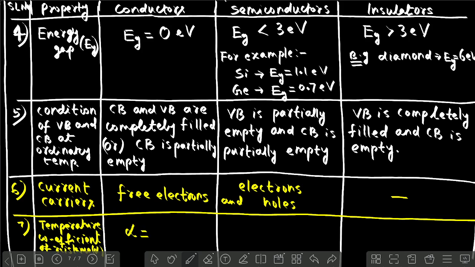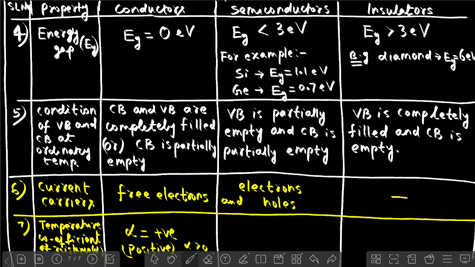Alpha. Now for a conductor, it is basically positive. Its resistance increases with the increase in temperature. That's why alpha is positive, or greater than 0.